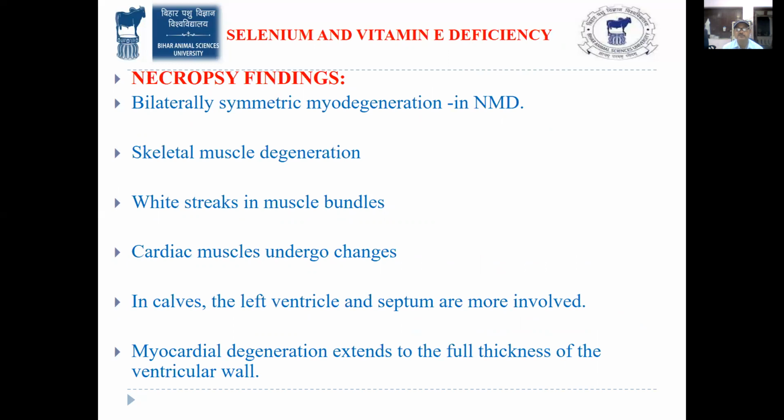White streaks in muscle bundles represent bands of coagulation necrosis, fibrosis, and calcification. Cardiac muscles undergo changes similar to those of skeletal muscles. In calves, the left ventricle and septum are more frequently involved. Myocardial degeneration extends through the full thickness of the ventricular wall.